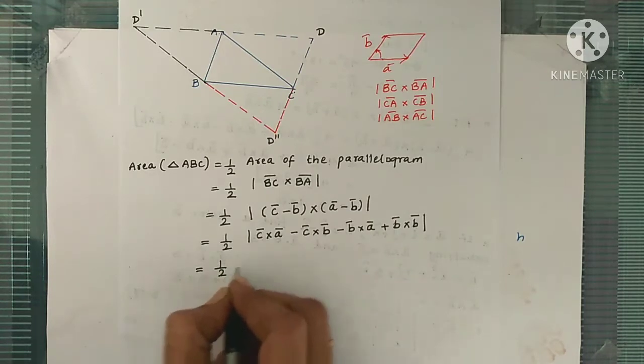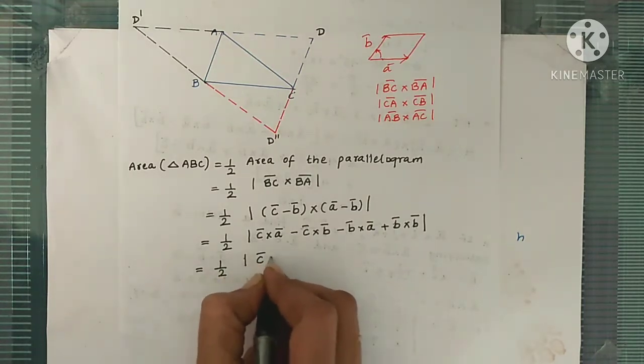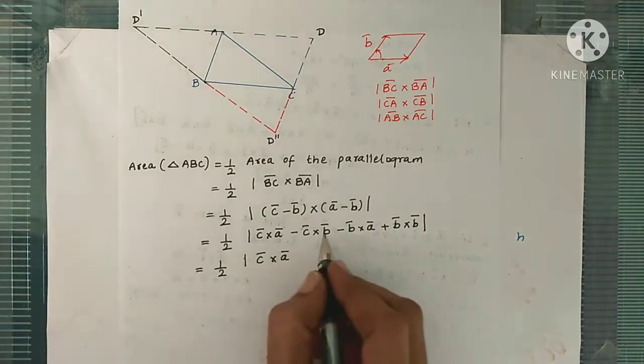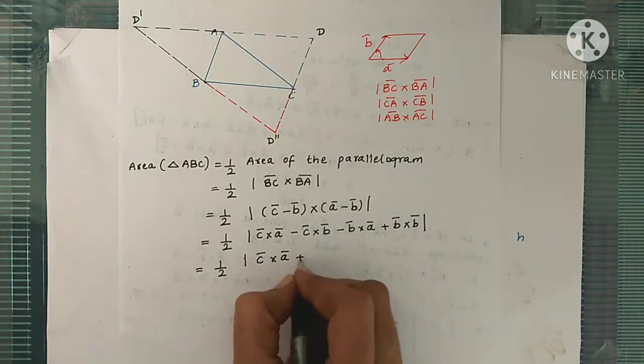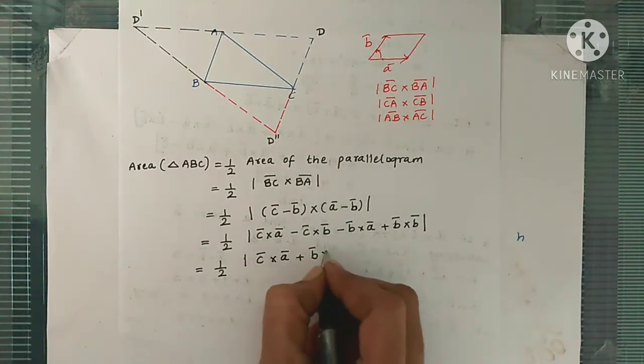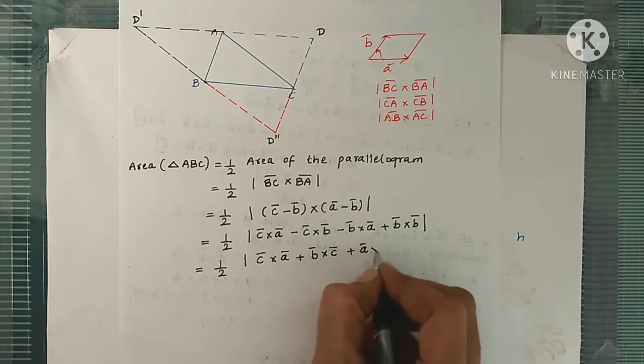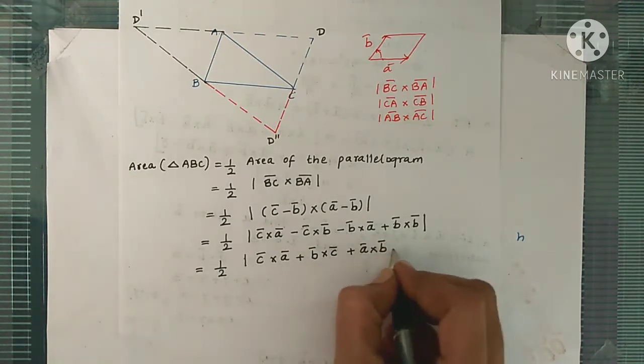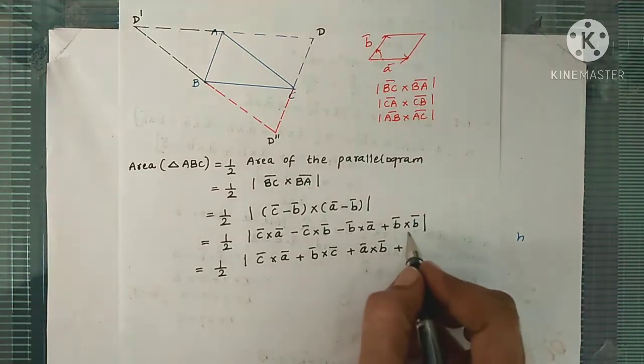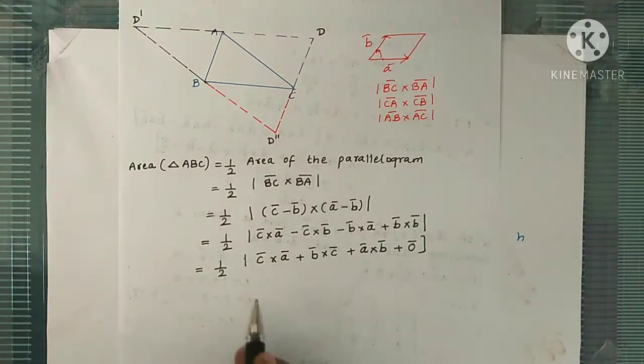So half, let's use properties of cross product. C bar cross A bar. Let's interchange these two so that the sign changes. It becomes plus B bar cross C bar. In the third one also, interchanging A bar and B bar, we have plus A bar cross B bar. And the cross product of a vector with itself is 0 bar. See, we have the solution now.